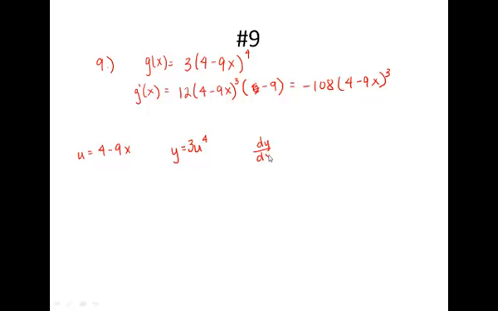I ultimately want to derive with respect to x, but first I'm going to derive my outer function with respect to u, and then I'll go back and multiply it by the inner function's derivative. So at first, let's look at what is dy with respect to u, which equals d du of 3 times u to the fourth.